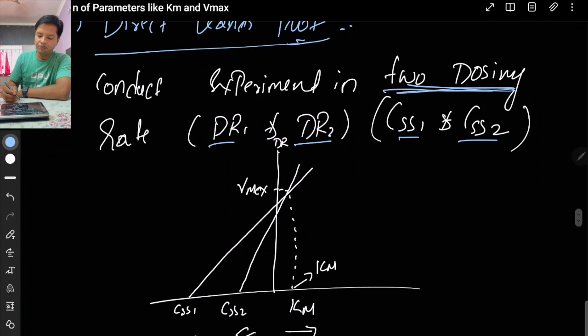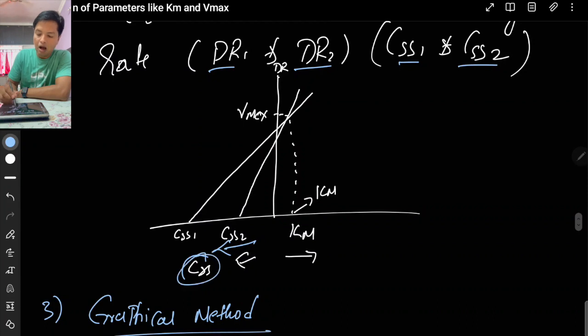What this graph is saying: on the x-axis we are taking CSS, and above we are taking Vmax. This line is for dr2, and this line is for dr1.